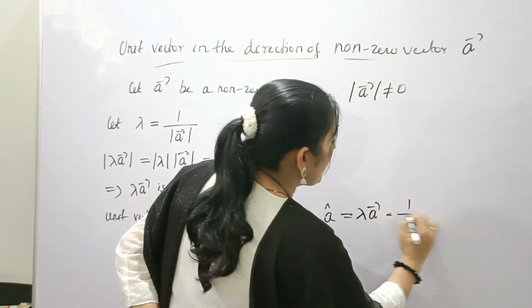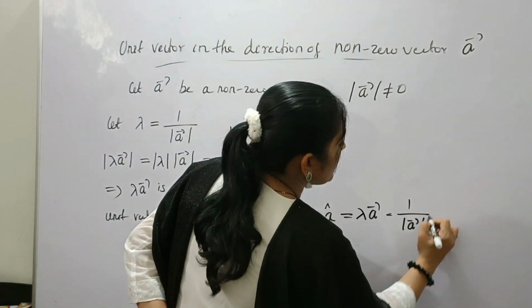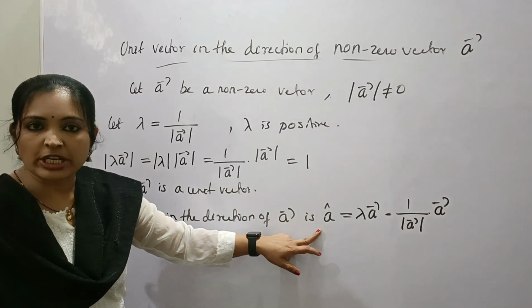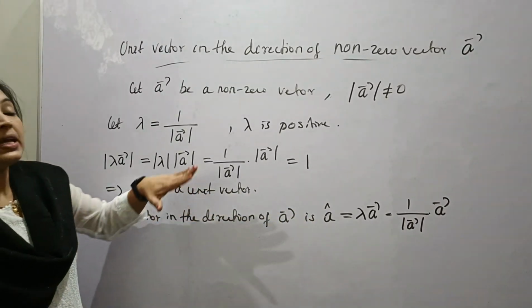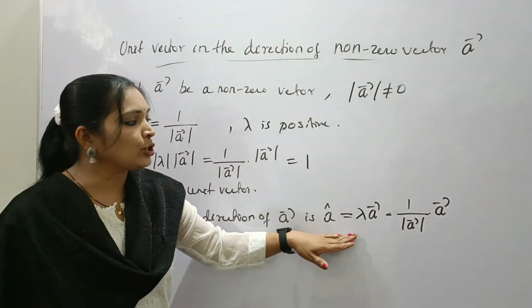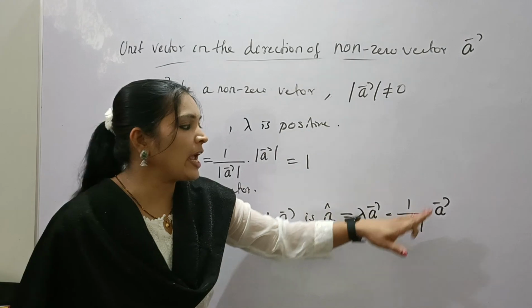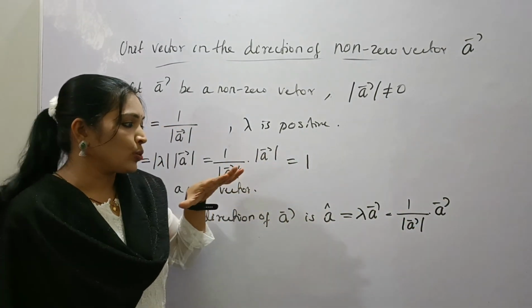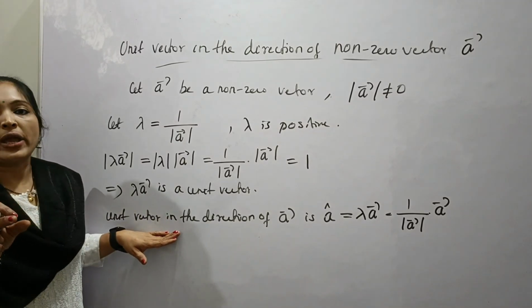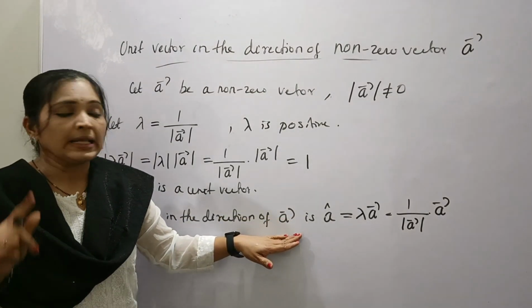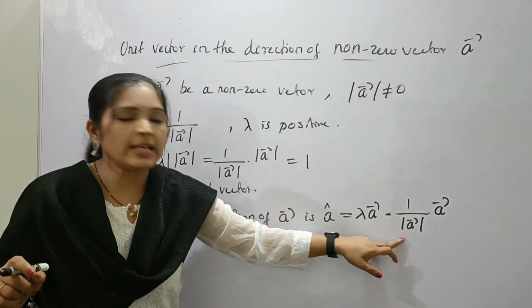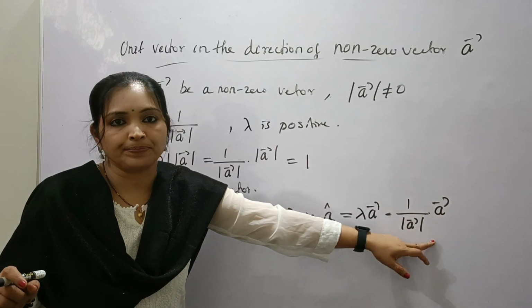Lambda is 1 by modulus of vector A. Therefore, the unit vector in the direction of vector A, that is A cap, is equal to 1 by modulus vector A into vector A. It's very important, so you should understand the concept. That's all.